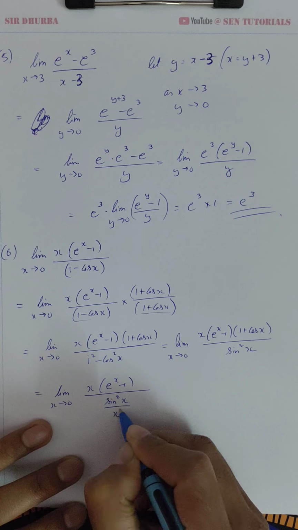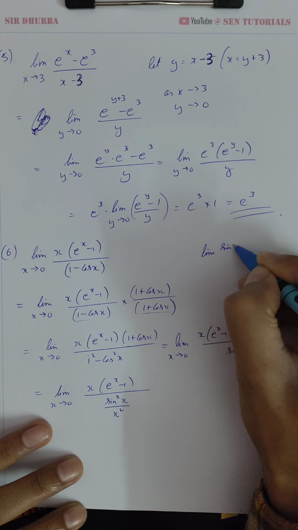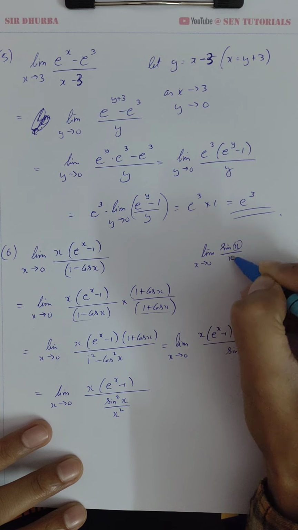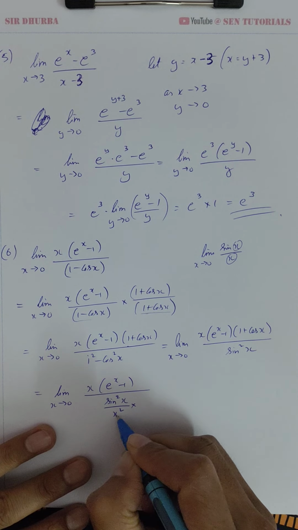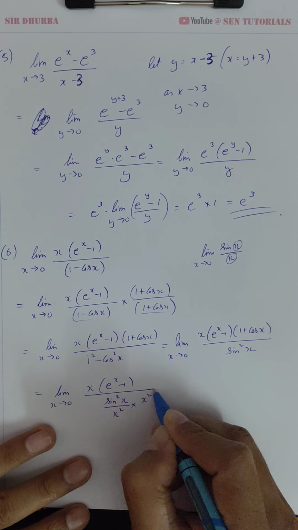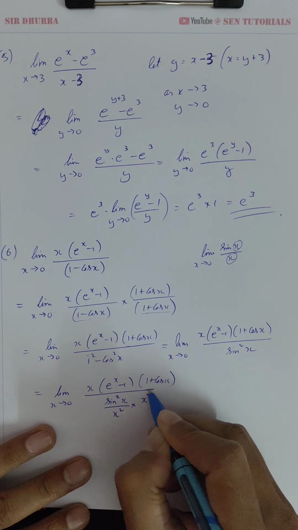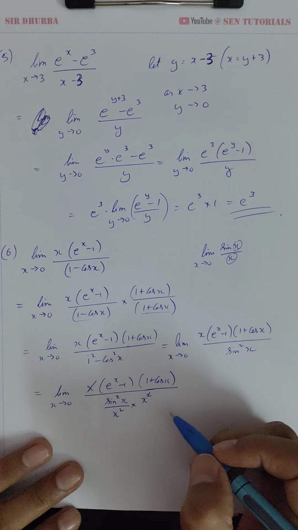So I'll need a square if I have to use that formula, that is limit for sine x by x as x tends to 0. So these terms have to be the same. So if this is square, I'll need a square. That means I'll have to multiply and divide by x square. This will remain the same, 1 plus cos x. So now 1 x here, 1 x here cancelled.